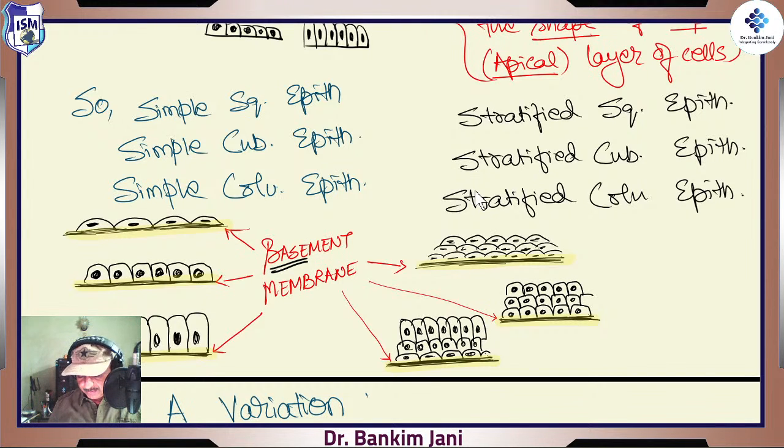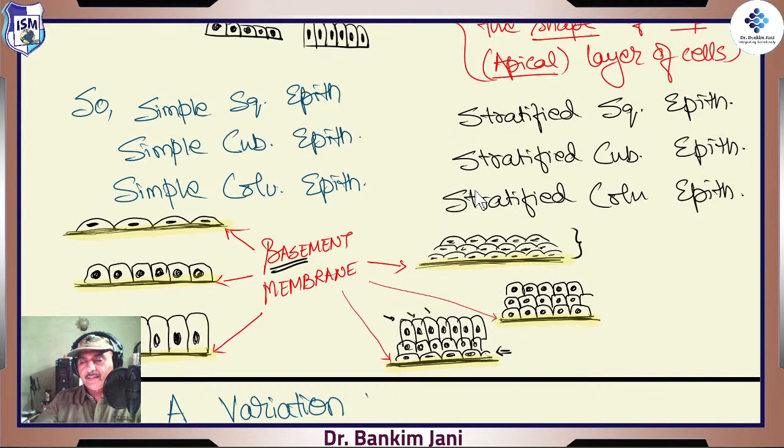So when such big cells are lying on top of each other, what would happen to those last cells? They'll be pressed down. Obviously they won't be of the same size as the top layer. So then how do we give the name? No problem for these flat layers, the small squamous epithelium, because they are thin.